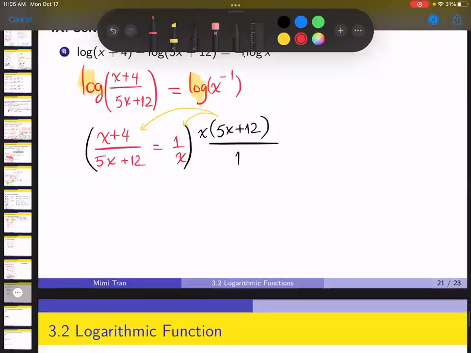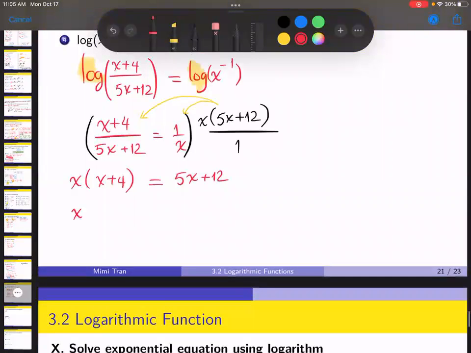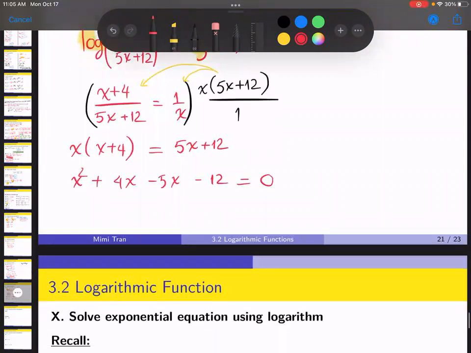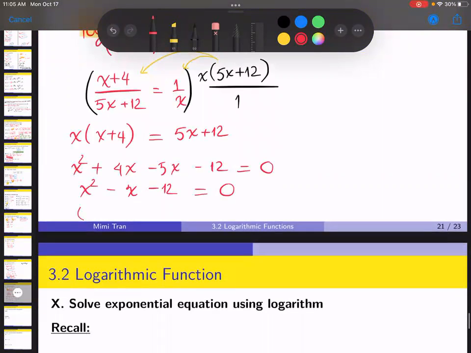So on the left-hand side, the 5x plus 12 cancel, which is x times x plus 4 equal. The right-hand side, the x cancel, which is 5x plus 12. X squared plus 4x. Subtract 5x, subtract 12 equals 0. X squared minus x minus 12. Can someone factor this for me?